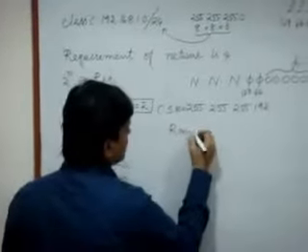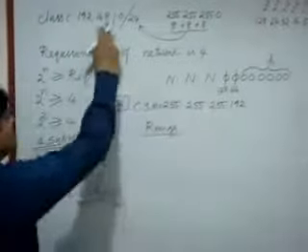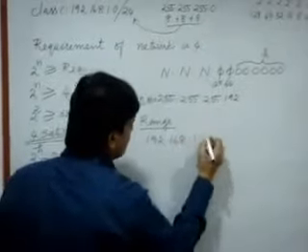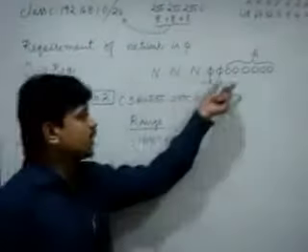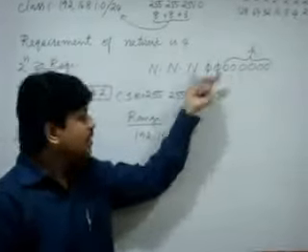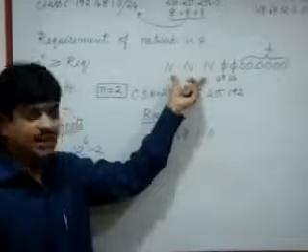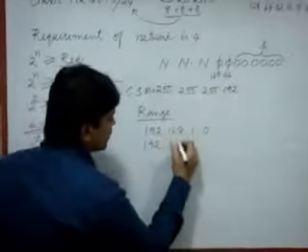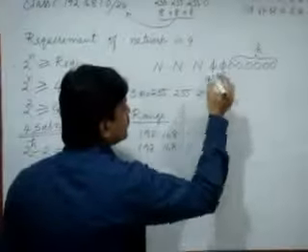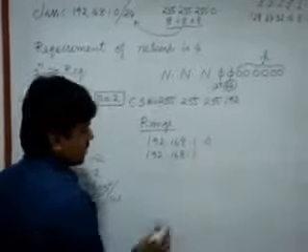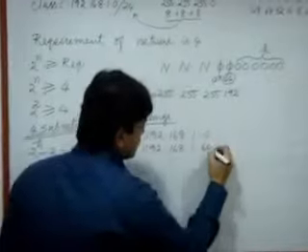Now we have to write down the ranges for these 4 subnets. First I will start from 192.168.1.0. We are converting host bits to network bits in the 4th octet. The first 3 octets we are not changing, so we copy them from the top. In the 4th octet, the minimum network bit value is 64, so we add 64: 0 plus 64 is 64.